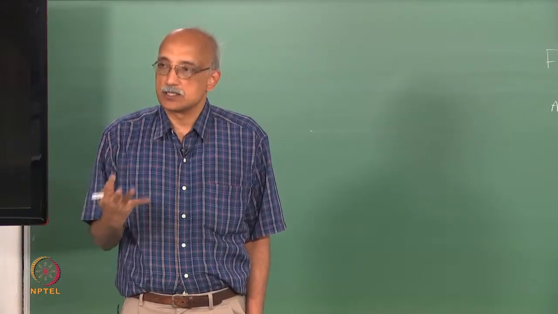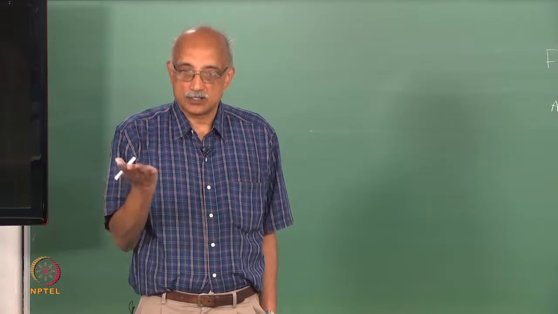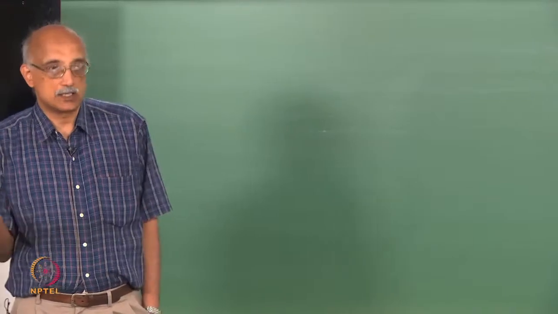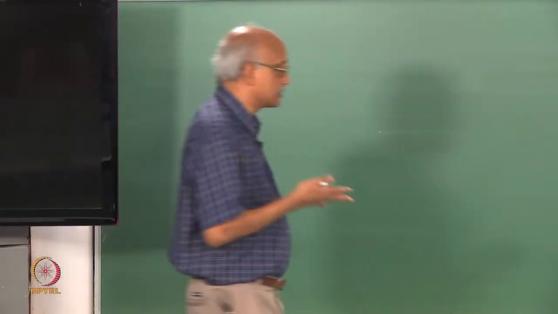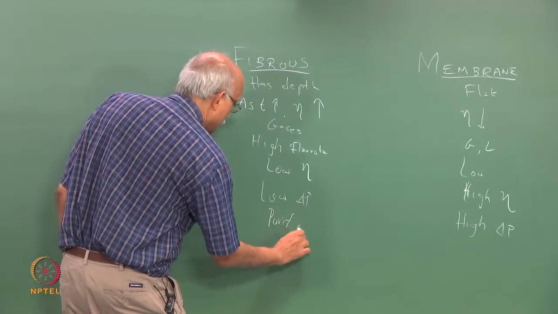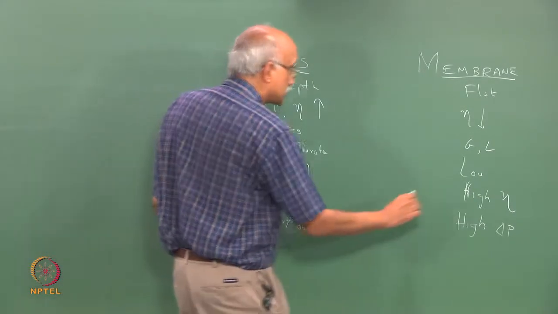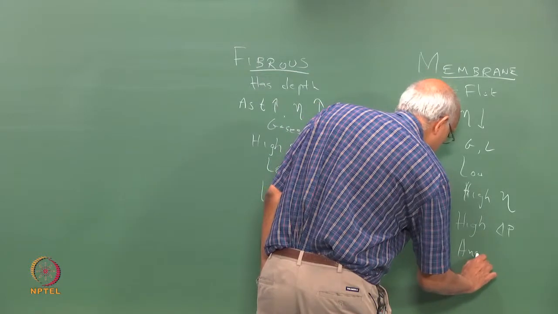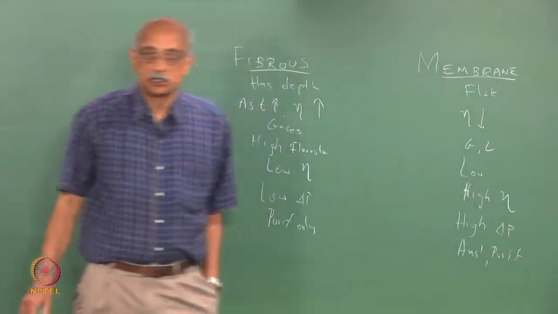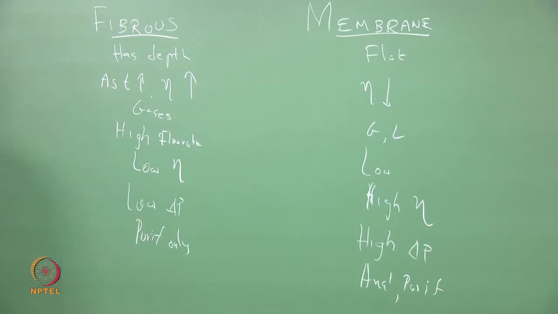For analysis, the important thing is the particle has to be in a presentable form so that your analytical equipment can actually see it and analyze it. So a fibrous filter can only be used for purification, whereas a membrane filter can be used for analysis as well as purification.